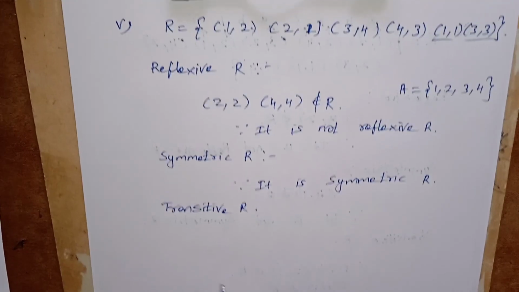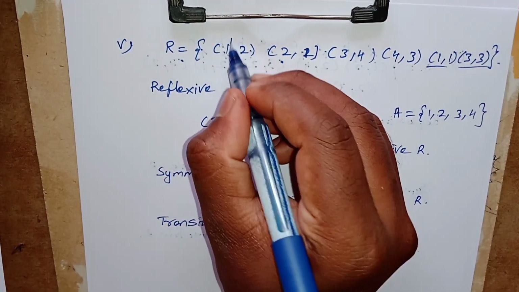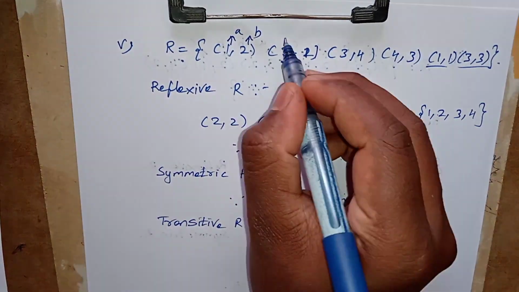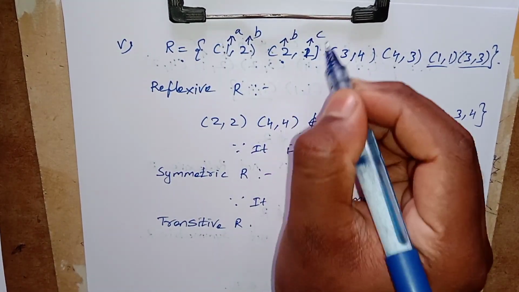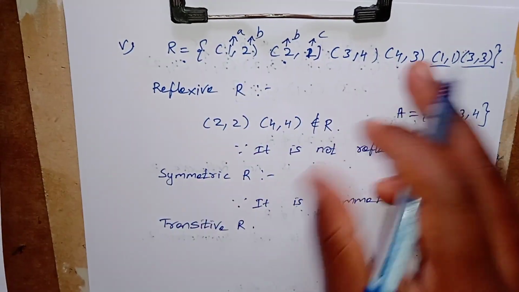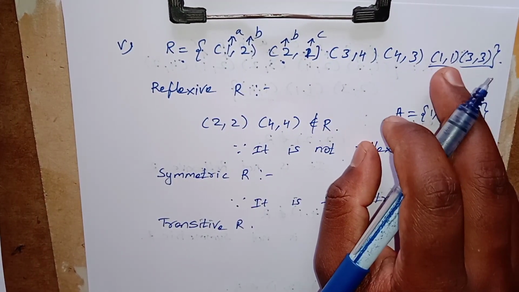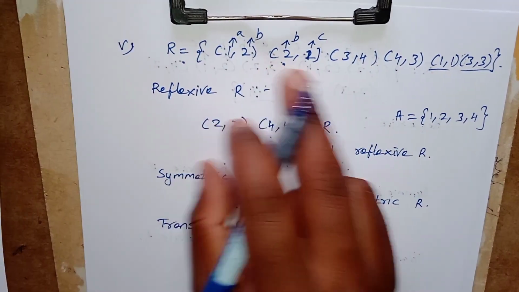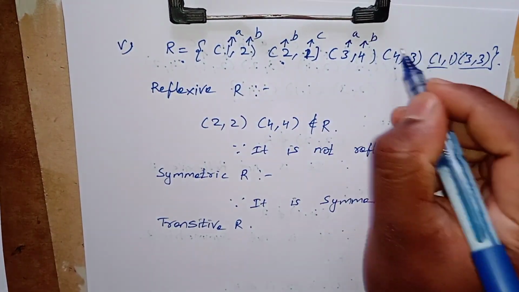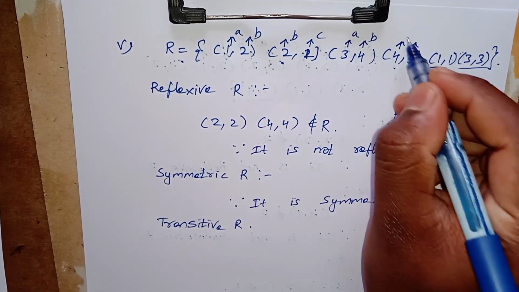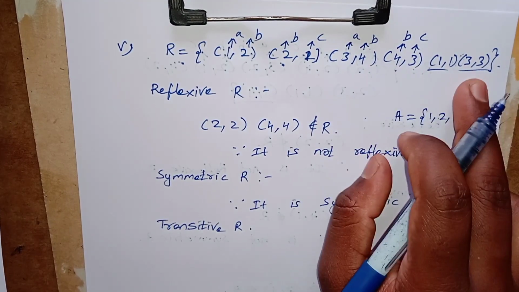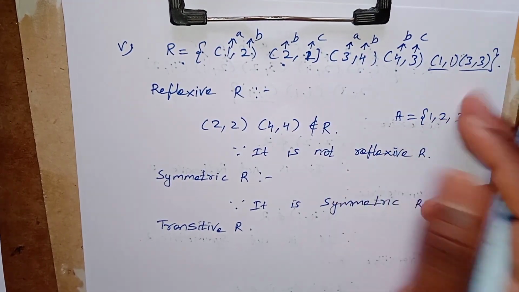Transitive relation, here a comma b. Okay, b comma c. Okay, finally a comma c, here 1 comma 1 is present. Okay, next, here 3 comma 4 a comma b, here 4 comma 3 b comma c, finally a comma c, 3 comma 3 is present.